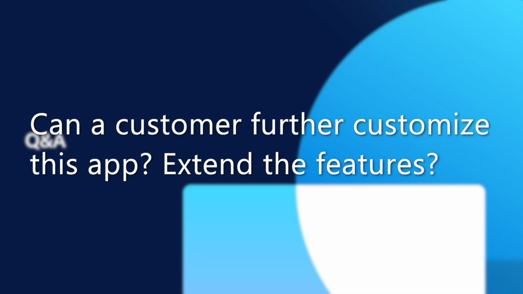Yes, you can extend this Canvas app, but our recommendation would be to hold on for the time being, until we add the capability where you can customize and upgrade at the same time. That feature is coming, so until that point, I think you should avoid customizing the app.